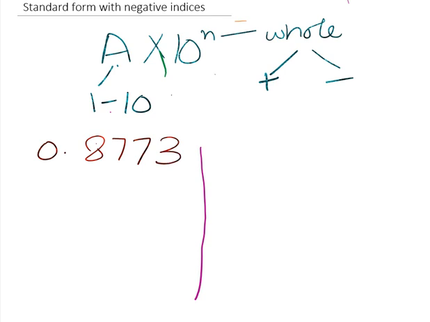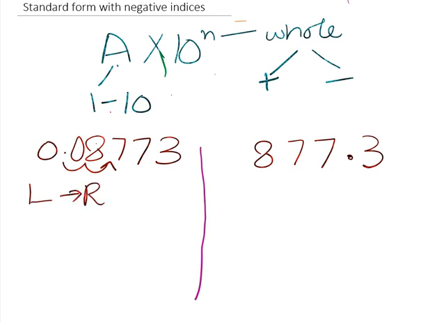So that's 0.8773. Let's just take a 0 over here. Or take 877.3 over here. You need to move your decimal point to make your a between 1 and 10. You move it two places, and when you move from left to right, I told you you have to use a negative power for n. So that will become 8.773, and you move the decimal point two places, so that would be -2.